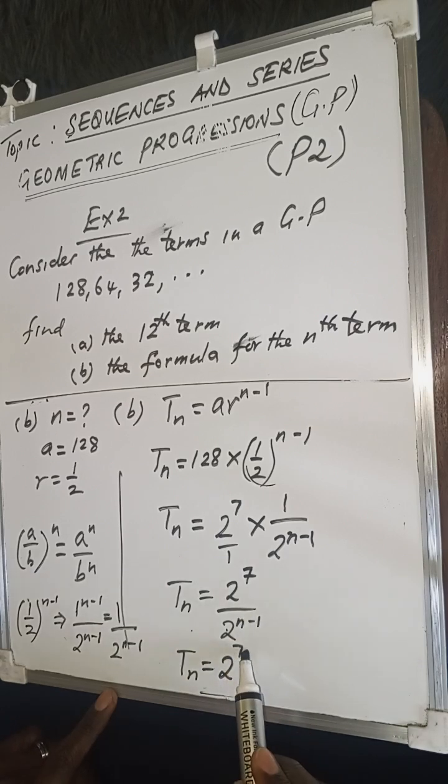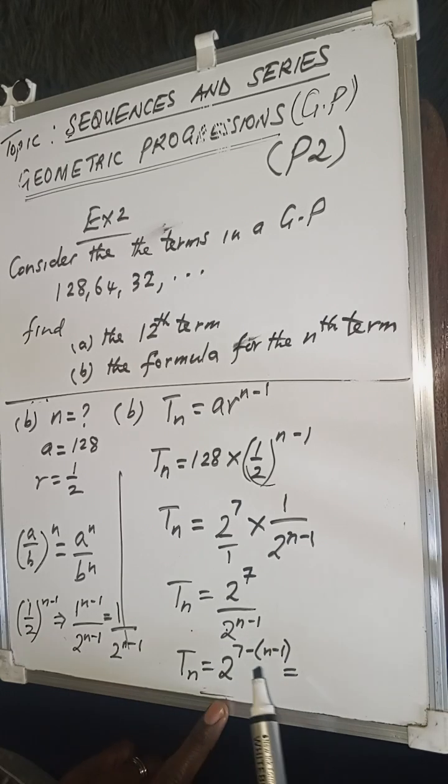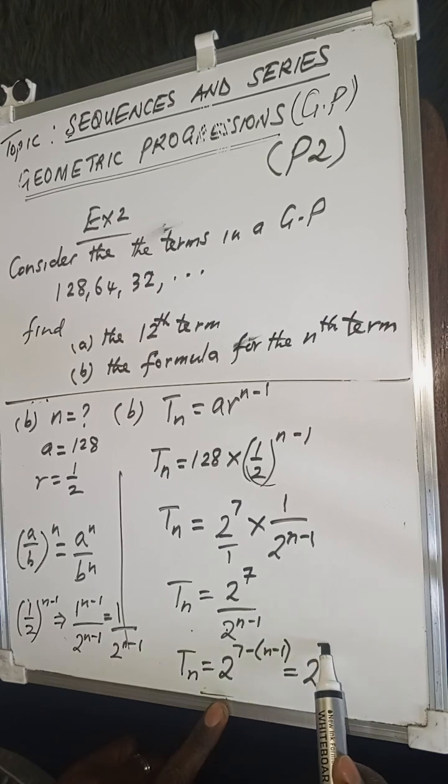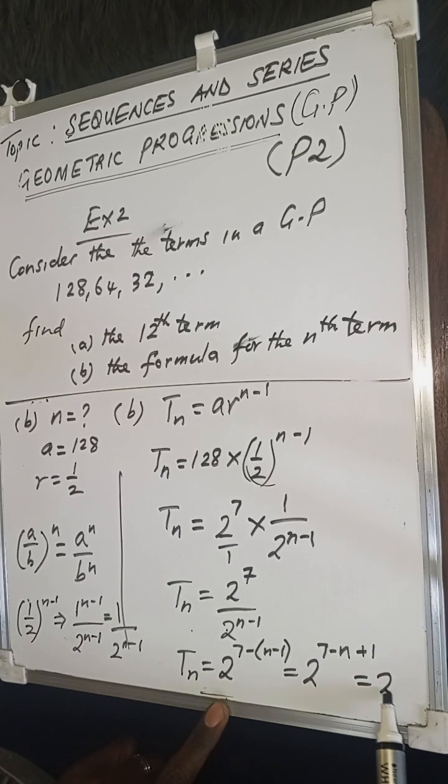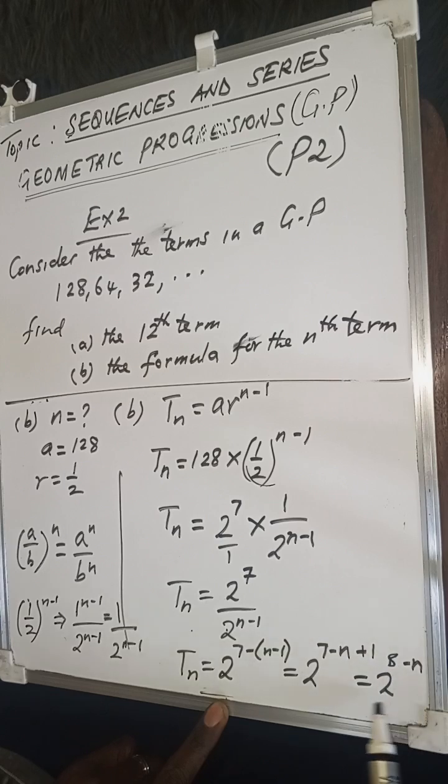So it will be 7 minus n minus 1. So what will this give me? If you look at it, you are going to find negative times that, so it will be negative. Negative times negative will be positive, like terms on one side. So when you add 7 plus 1, that will be 2 raised to the power 8 minus n. So that is going to be 8 minus n.